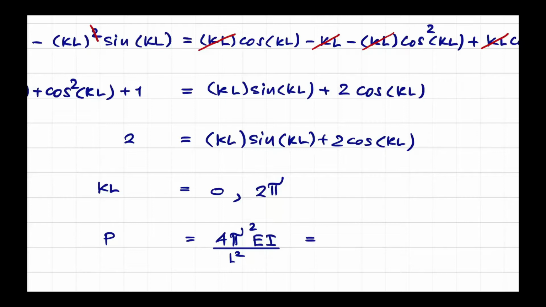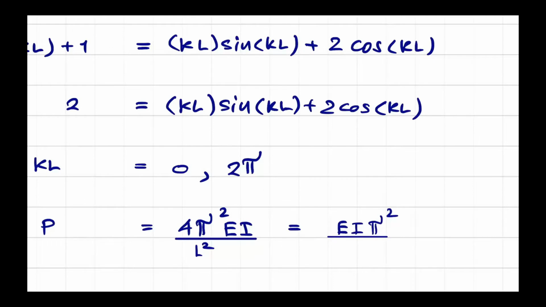And we reconfigure this equation a little bit. So we have the EI pi square over L over 2 square.